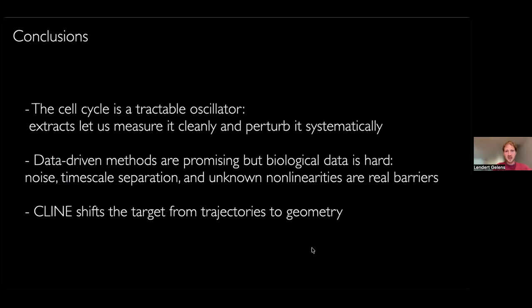And I think that leads me to my conclusions, where I would say that the cell cycle is a beautiful oscillator, and cell-free extract gives us a really clean experimental window into its dynamics across conditions and at multiple levels. You've got classical data-driven methods like SINDy, for instance, that work really well under ideal conditions. They still struggle with noise, time scale separation, and unknown nonlinearities that are typical for biological data.